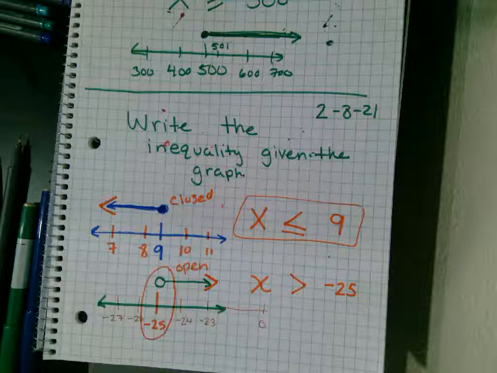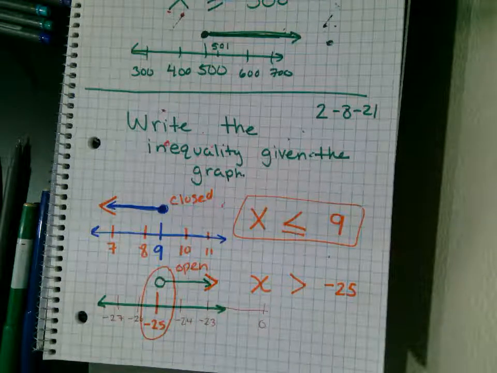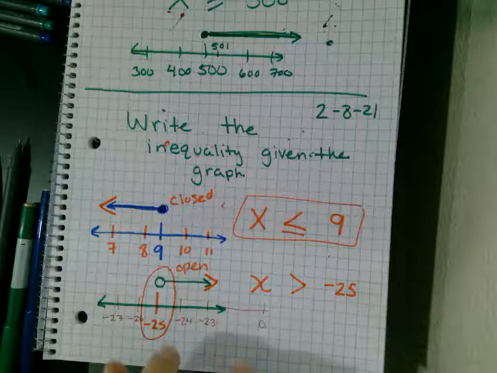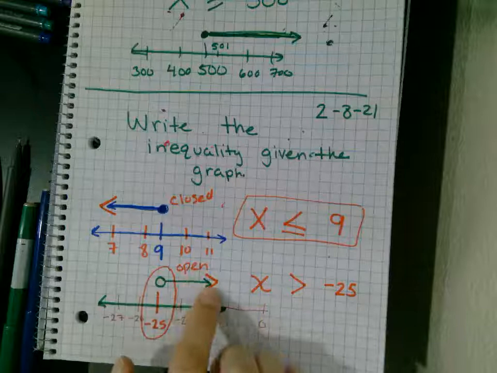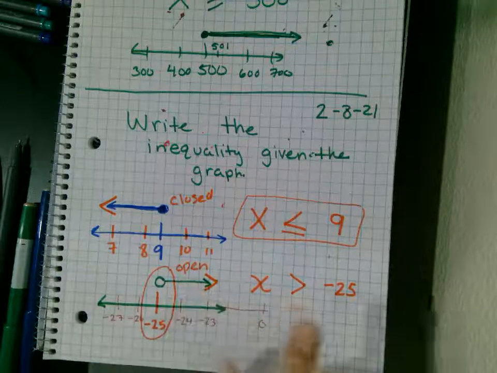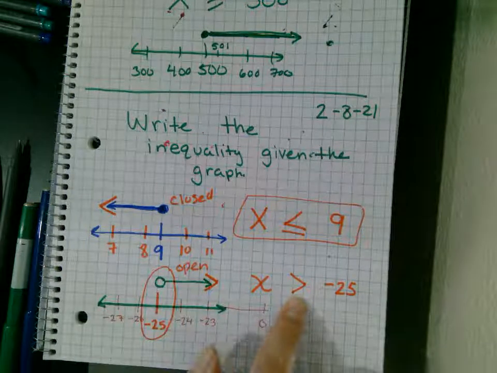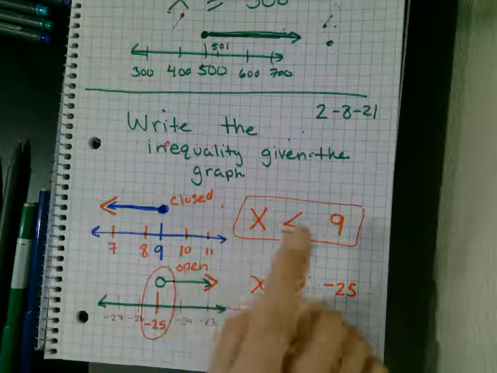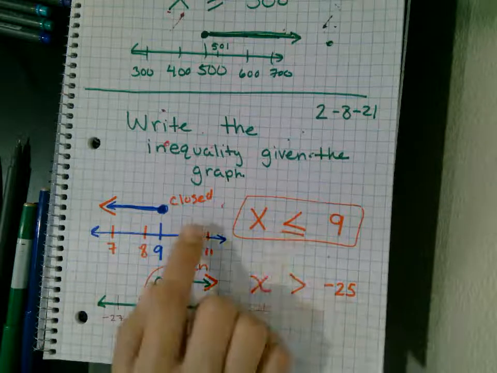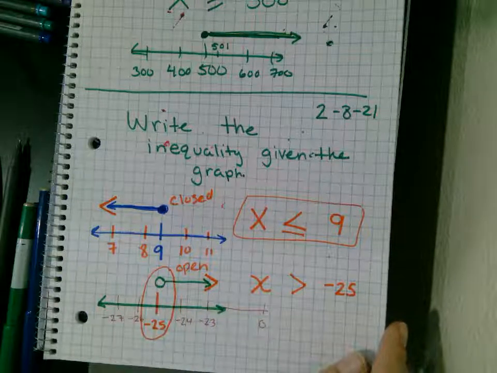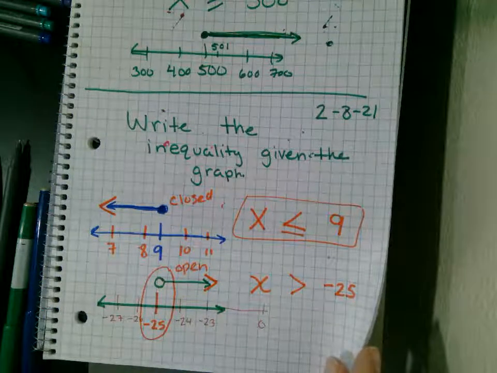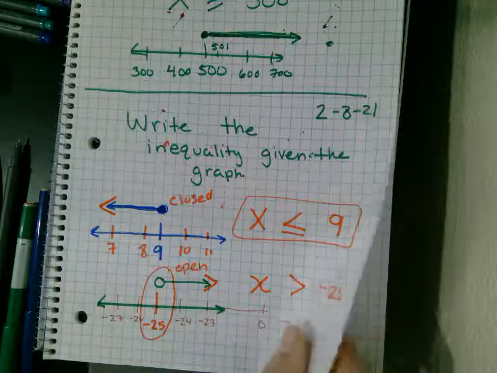I told you it wasn't going to be very hard, especially if you follow the shortcut. The shortcut is point in the direction that you're shading. I'm pointing to the right, boom, there's my inequality. Pointing to the left, boom, there's my inequality. Because it's closed, I'm going to add that little line at the end. Super easy, I hope.